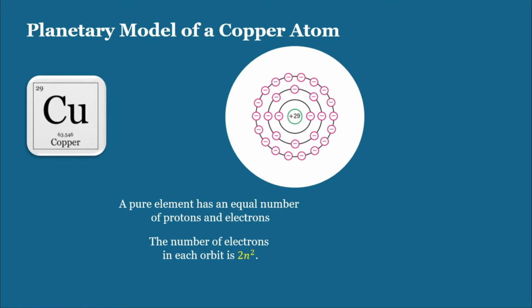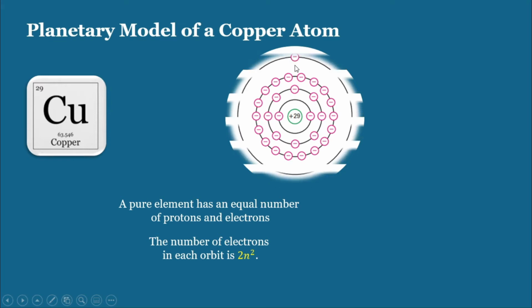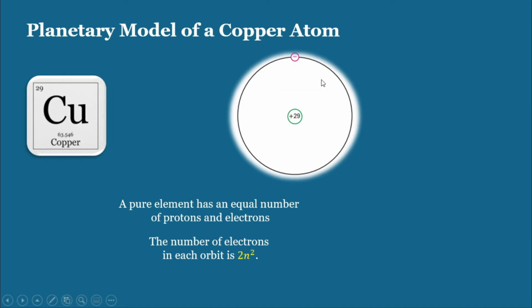Since we need 19 electrons, we still lack 1 electron to complete our illustration. So there is a fourth orbit, and on that fourth and final orbit, we only have 1 electron. We call this outermost orbit the valence orbit, while the electron present in this orbit is called a valence electron.